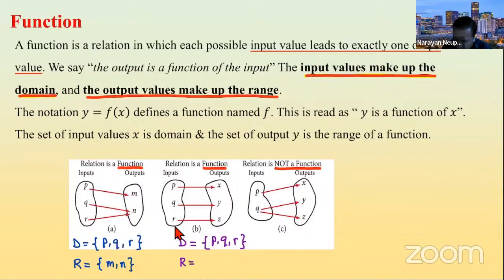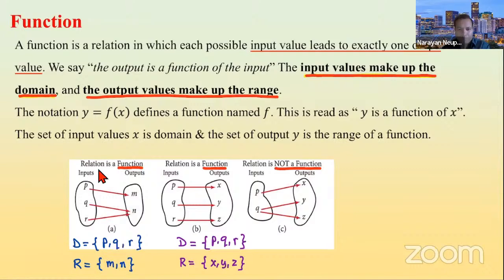And the range will be the output values X, Y, and Z. So we write X, Y, Z. Okay, the first two are functions, and for those two functions, we have also identified the domain and the range.